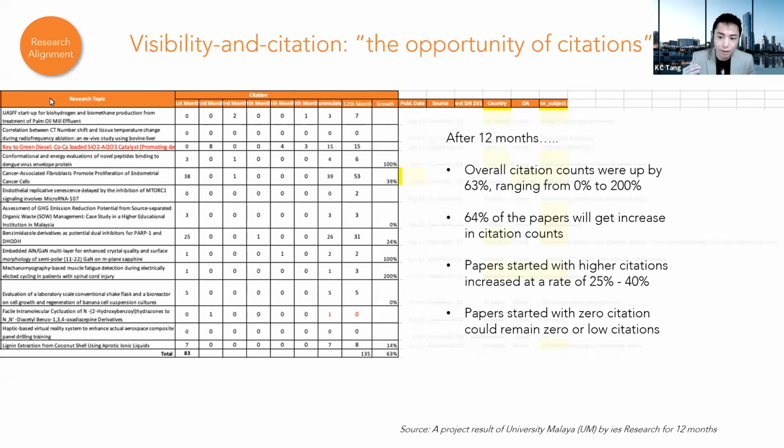And an interesting thing is that papers that started with higher citation would have an increased rate of 25 to 40, but some papers, even after a period of 12 months, their citation could remain low or even 0. So what does that mean?